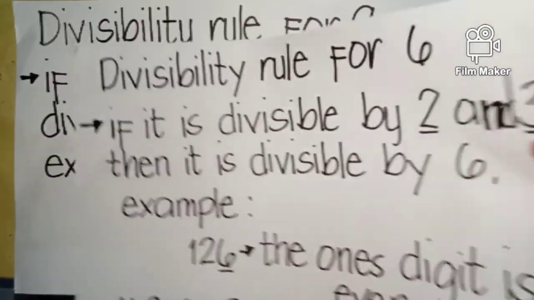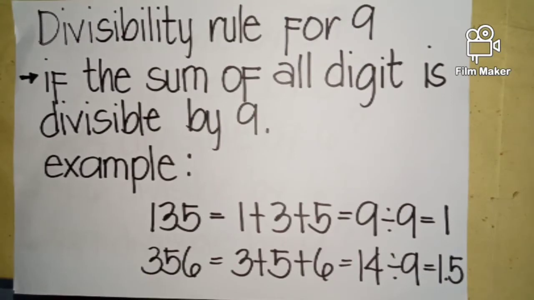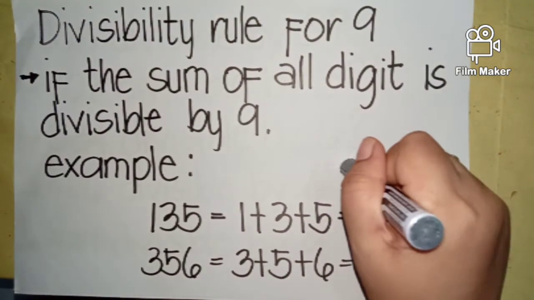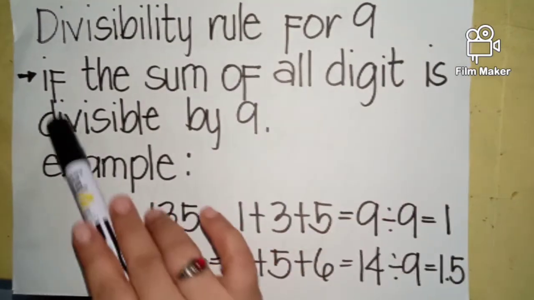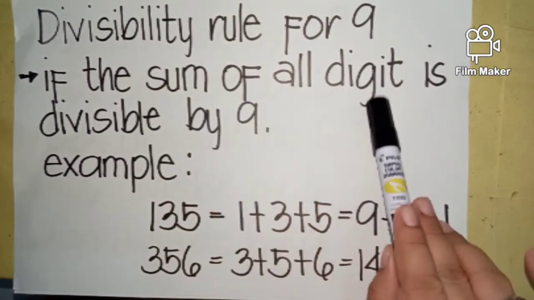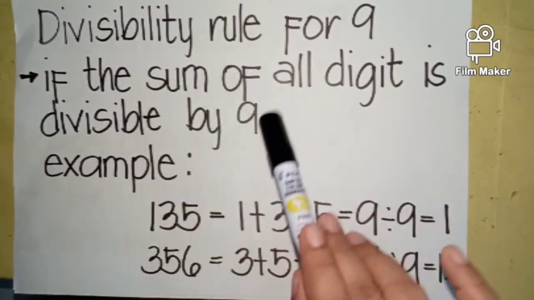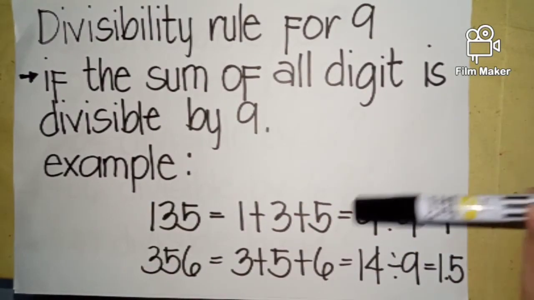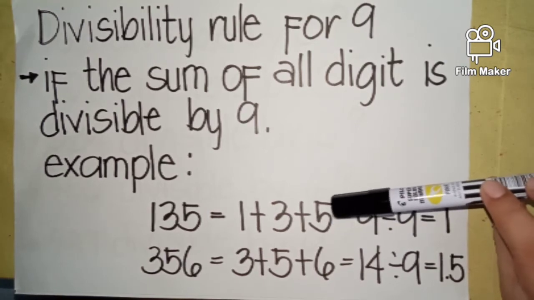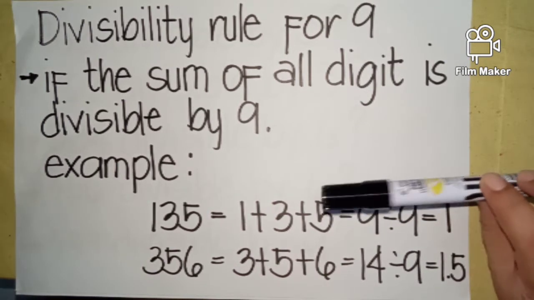Okay, let's go to 9. Remember the rules? Divisibility rule for 9: if the sum of all digits is divisible by 9. It is like the divisibility rule for 3.